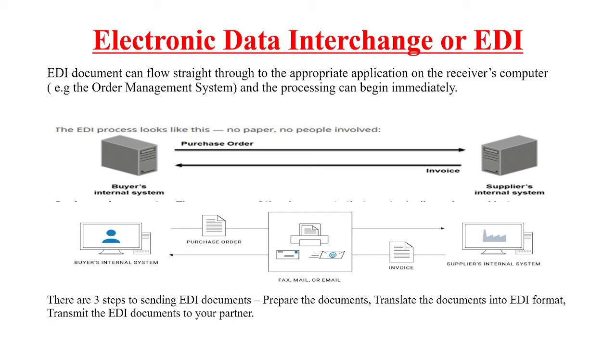The buyer, in his internal system, prepares the document, that is a purchase order. Later, he translates that document into an EDI format, and then this EDI formatted document is transmitted to the partner, that is the supplier's internal system, directly to the internal system.